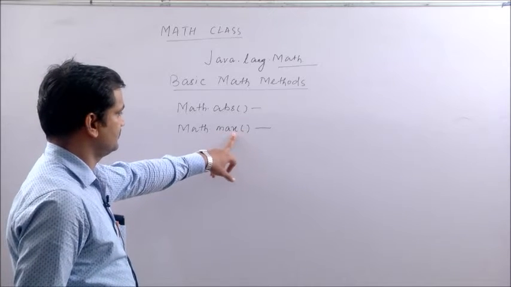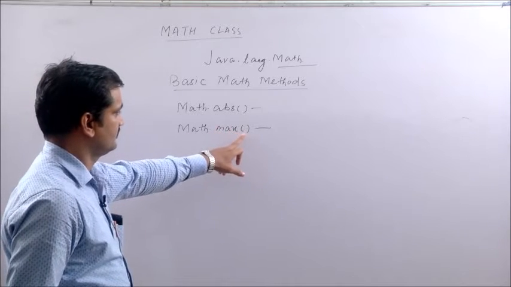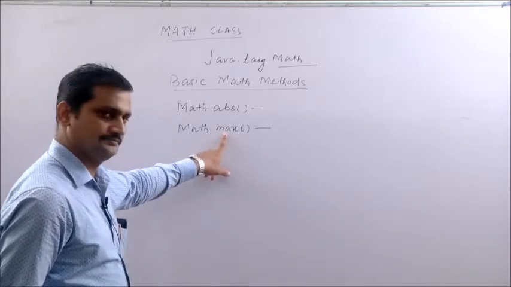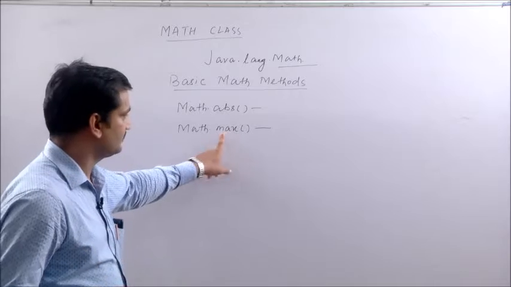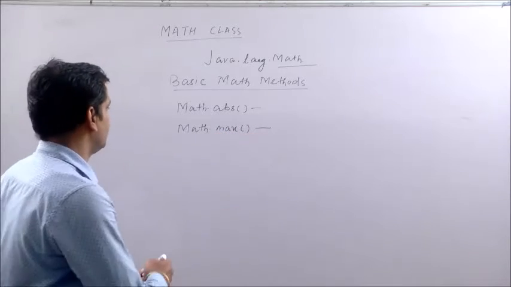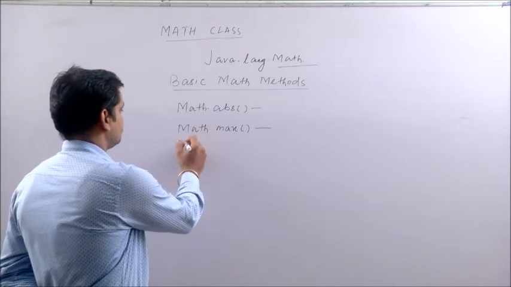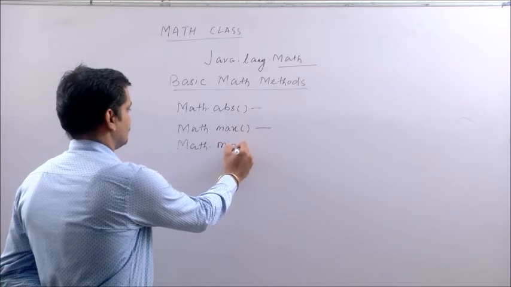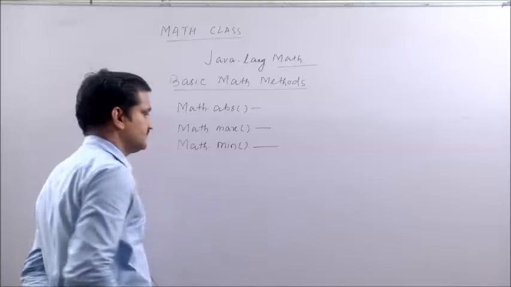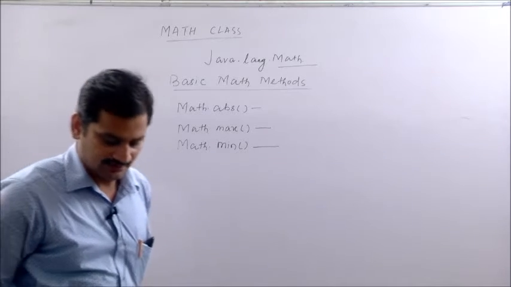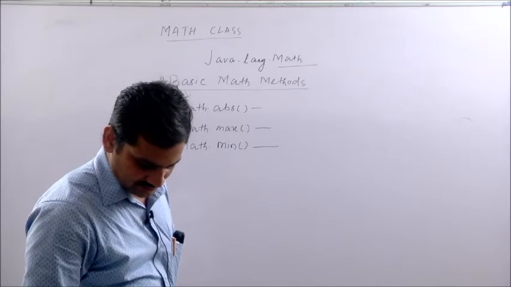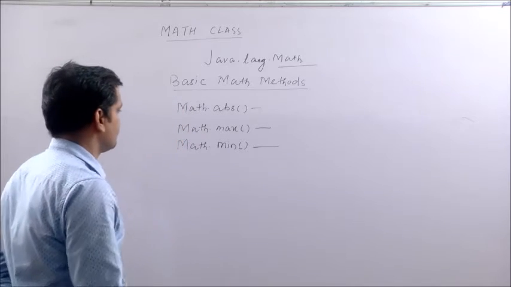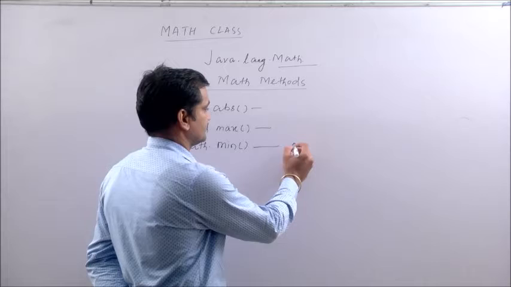Here max gives the maximum value among the numbers given. Similarly, Math.min. We always use the class name because these are the methods defined in this class. So, whenever you are going to refer to them, you should use the class name. Min is going to give you the smallest of two numbers.